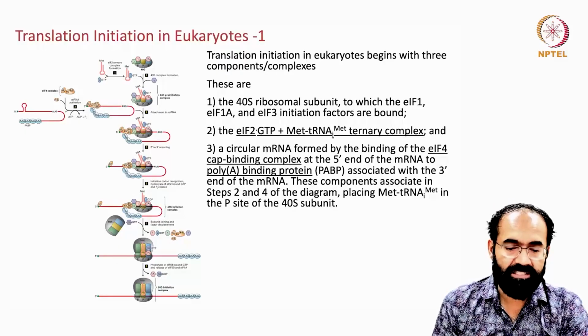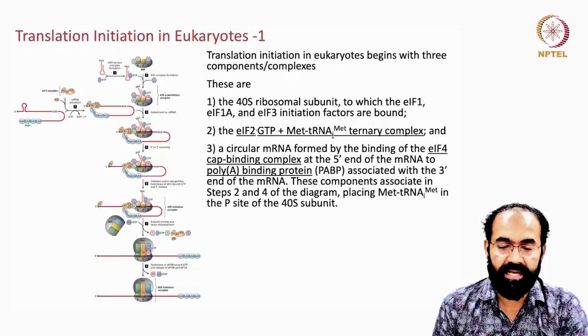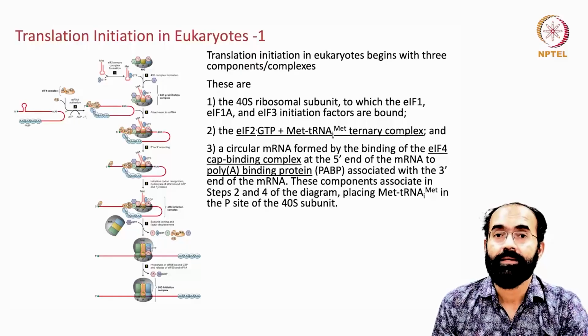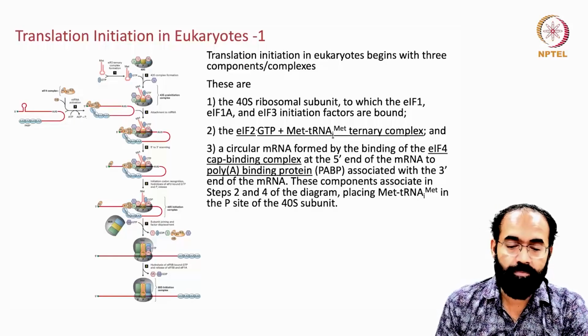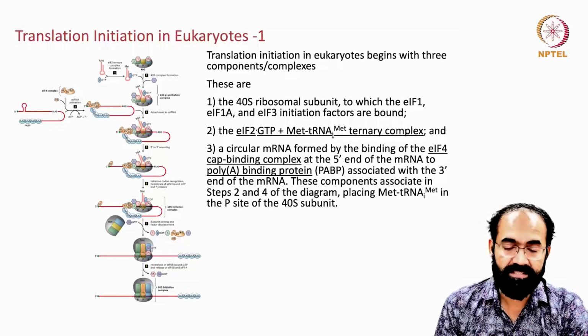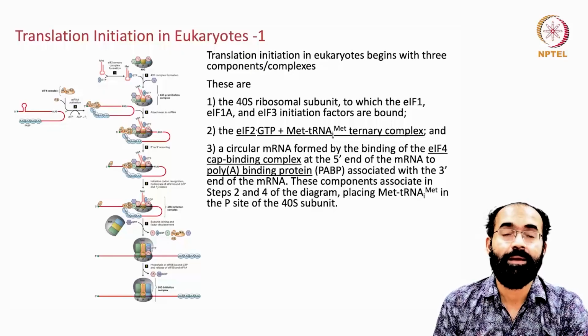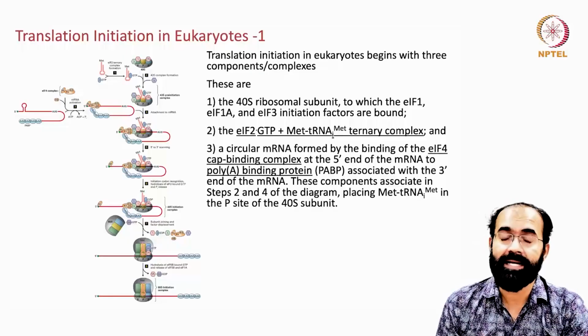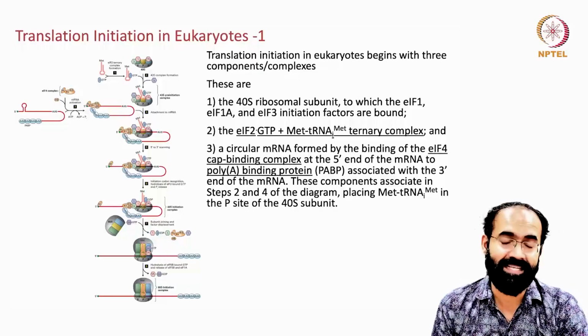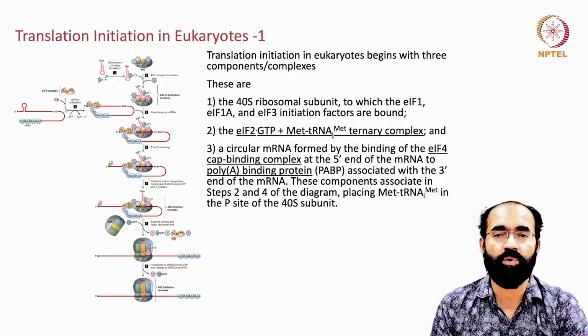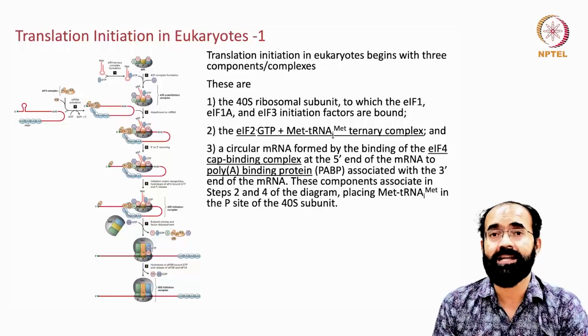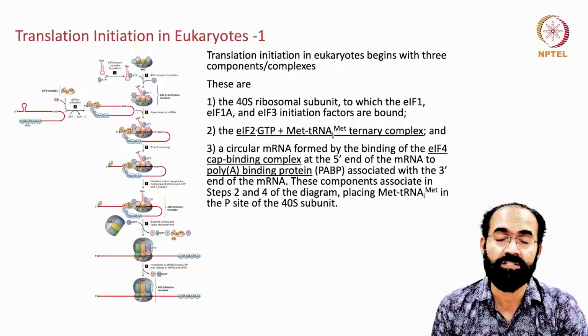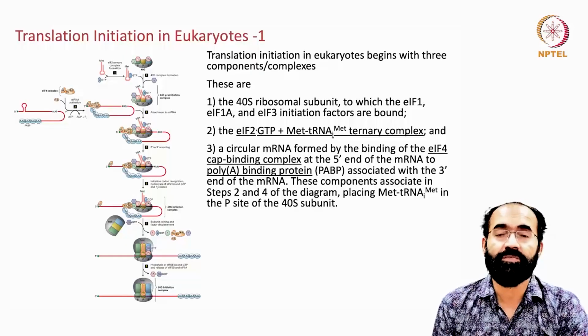And these components associate in steps 2 and 4, which you can see in this diagram, placing the methionine tRNA in the P site of the 40S subunit. The P site is the peptide bond forming site, because usually tRNA enters through the A site, the acceptor site, as protein synthesis takes place. But here it directly goes into the P site, because you don't need to start from the A site.